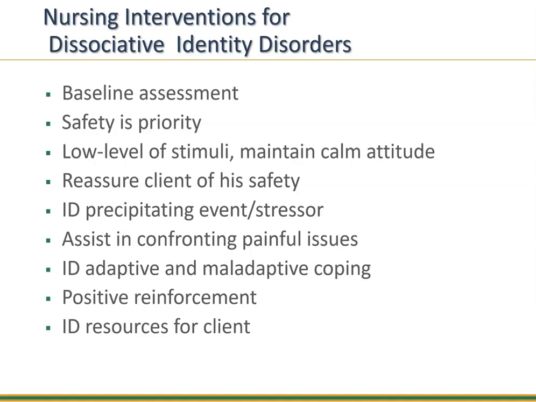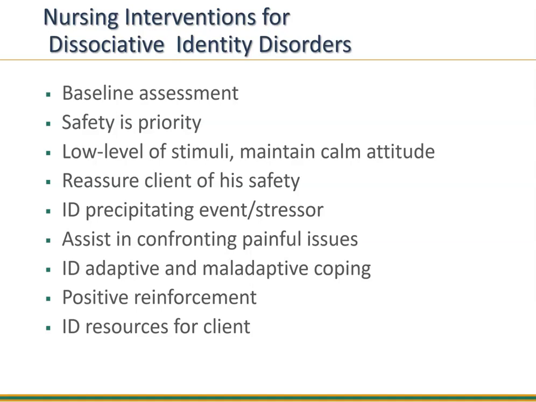That patient may be initially unaware that they have multiple personalities. So, knowing the needs of each personality, you're going to have to try to integrate those personalities into one. And this, of course, is going to be done with psychiatry.